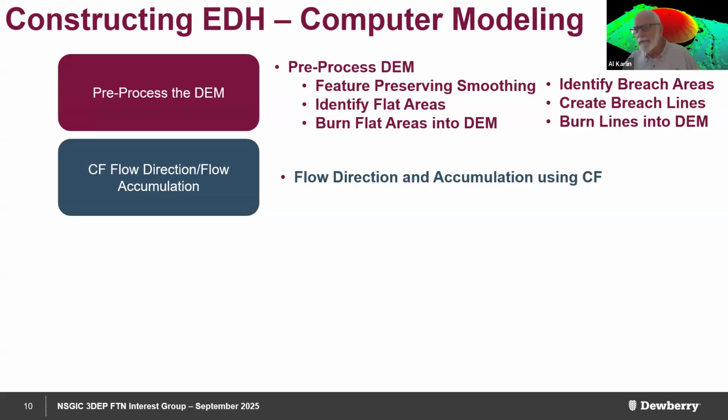We use this continuous flow algorithm rather than any of what I call the D8s: the D8, the D infinity, and a bunch of these deterministic type algorithms. The continuous flow algorithm is a cost algorithm rather than one of these discrete algorithms, and we use it to construct a flow direction and flow accumulation raster.